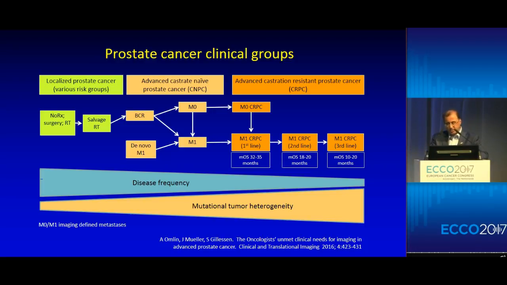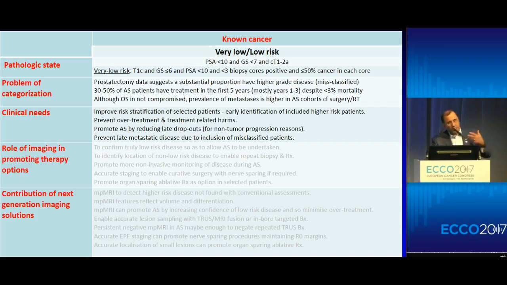in their cancer journeys. Now, if we take the very mildest form of cancer, which is the low-risk cancer, we know that there is a pathological state of very low risk and low risk. But within this group, there are a number of challenges. So on the left-hand side, I put down the problems of categorization.